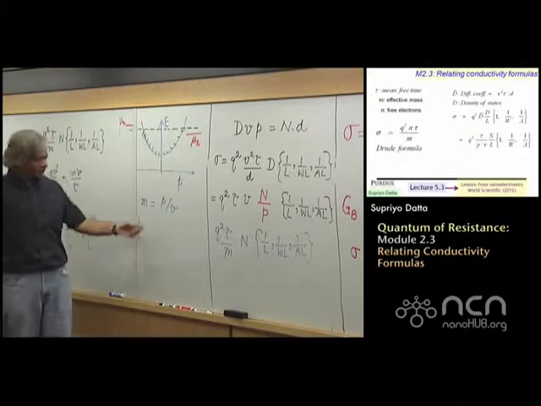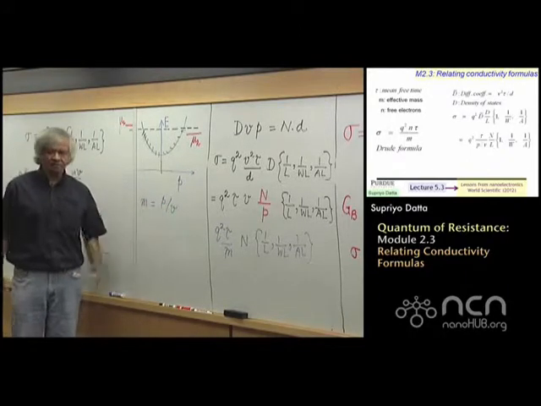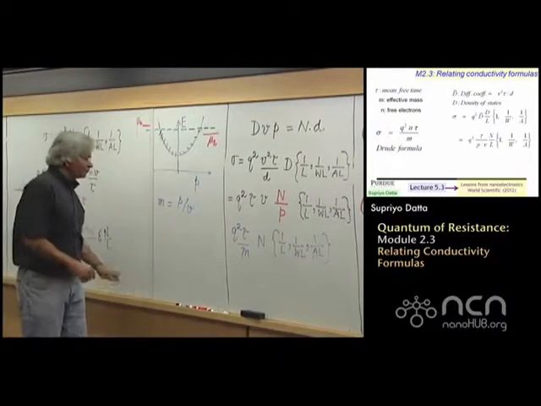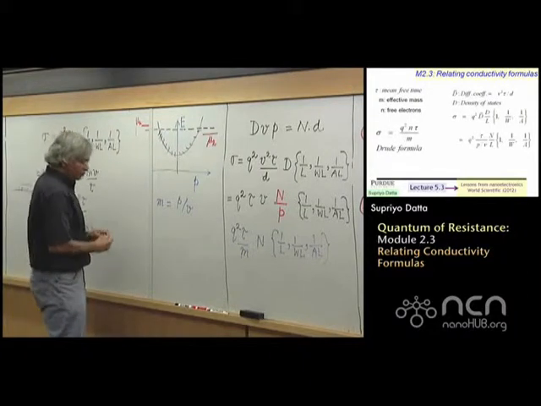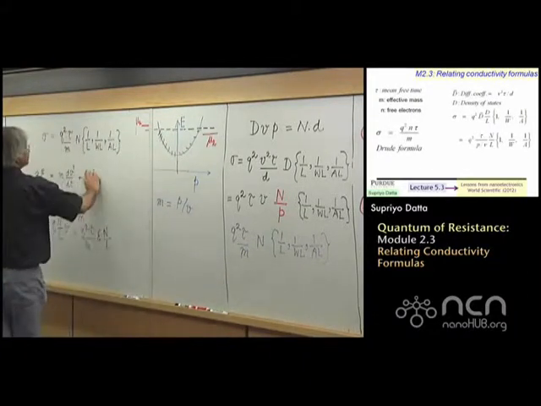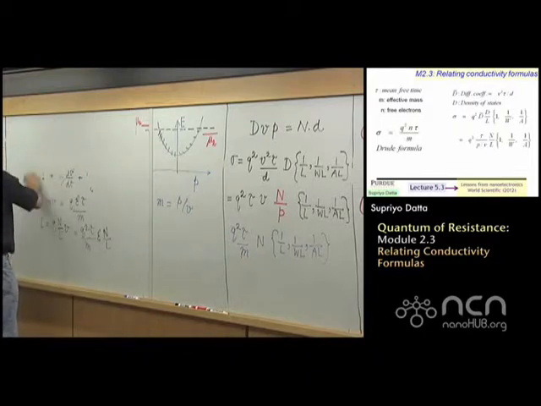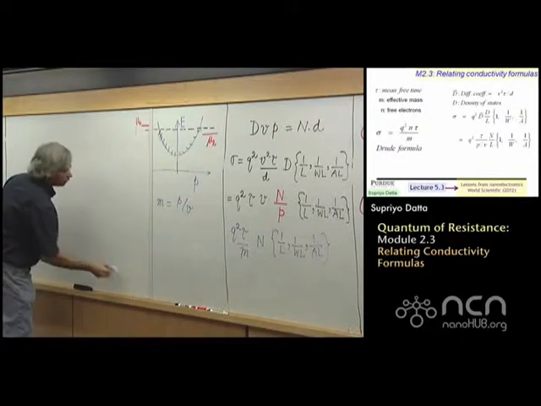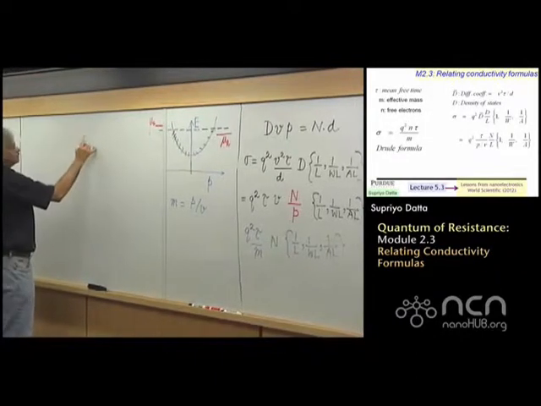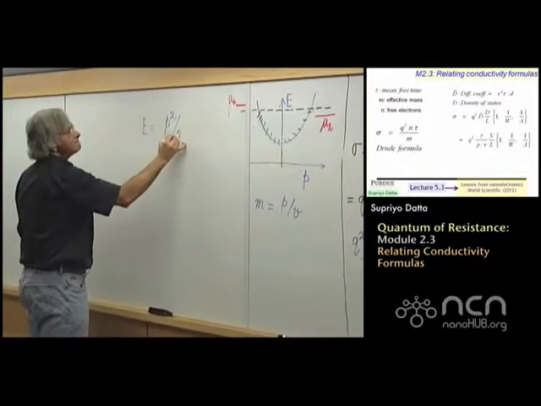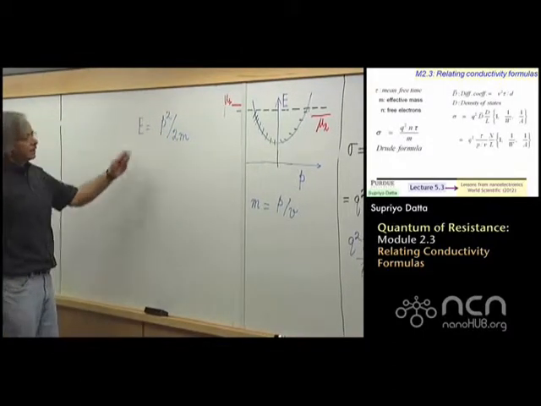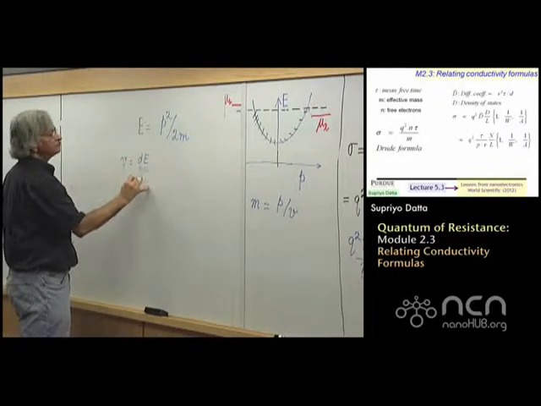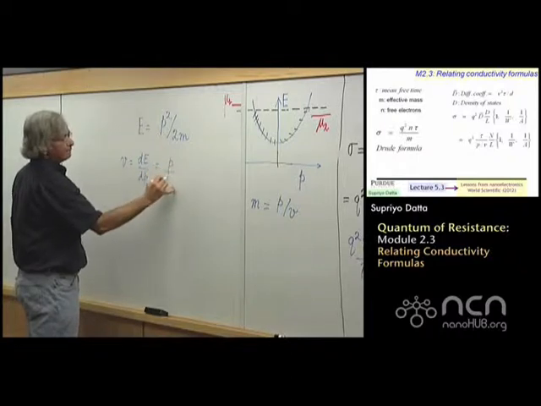Now, you might say, well, P equals mv, we know that. You know, momentum is mass times velocity. Yes, but that again is when you have a parabolic relation like E equals P square over 2m. So when you have E equals P squared divided by 2m, then velocity is in general dE dP, and that's equal to P over m.